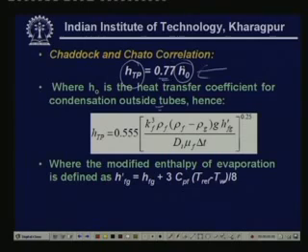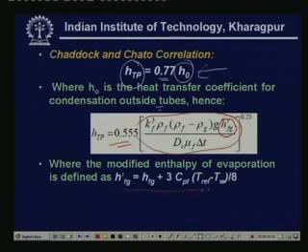And if you substitute the expression for h naught, the Chaddock and Chato correlation is like this: the heat transfer coefficient inside the tubes is 0.555 multiplied by this factor. This is similar to Nusselt's correlation, with the difference that instead of latent heat of vaporization, a modified enthalpy of evaporation is used in the Chaddock and Chato correlation.